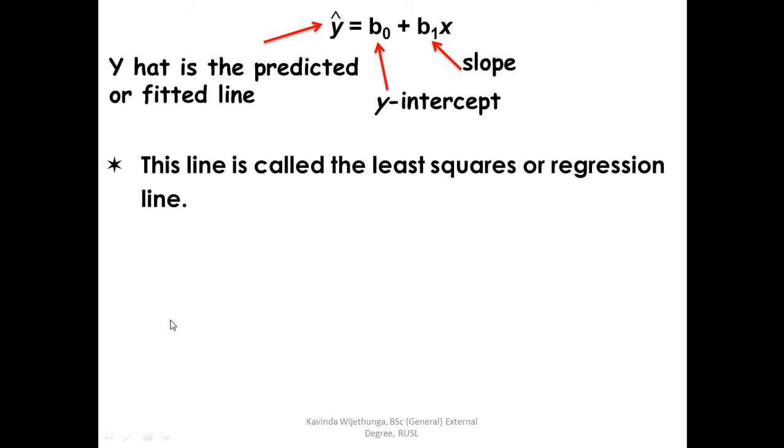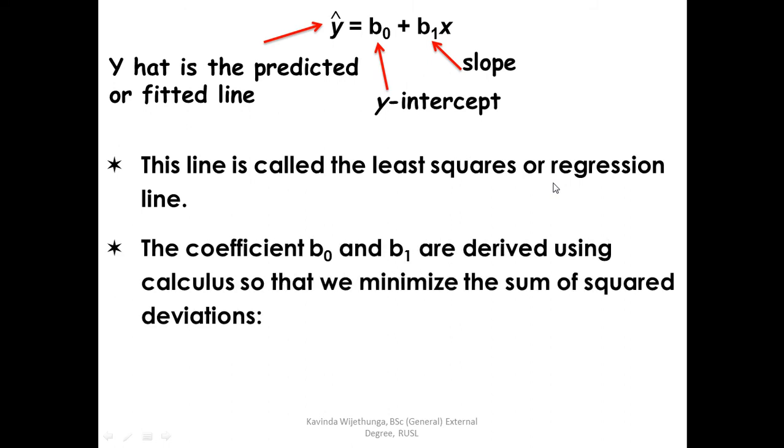So this is also called the least squares regression line, or you can just call it a regression line. The coefficients b0 and b1 are derived using calculus, so we minimize the sum of squared deviations. We can use these formulas: the sum from i equals 1 to n of (yi minus y hat) squared.